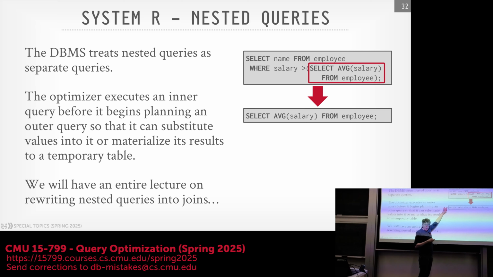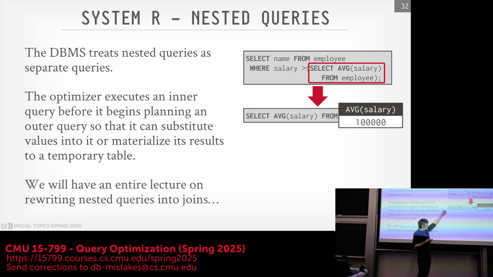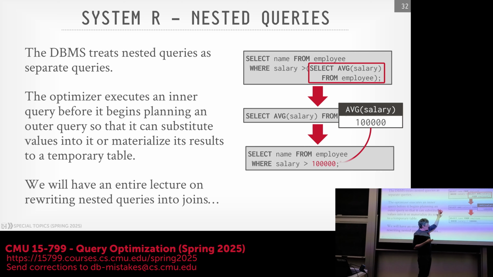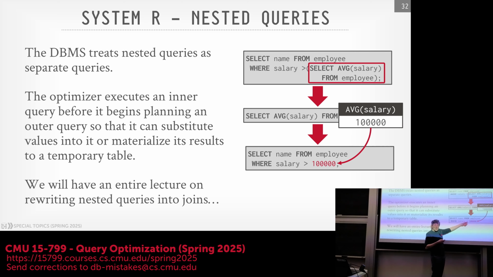So pause the query planning on the outer query, run the inner query, produce some result, and then either substitute it back into the outer query where it's actually being referenced, or in some cases, if it was like a multi-value query, then just put that as a temp table and then do a join against that, right?